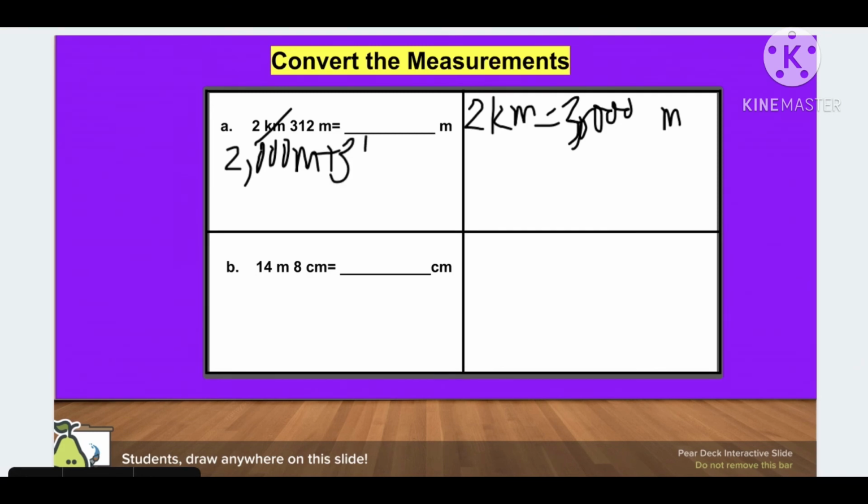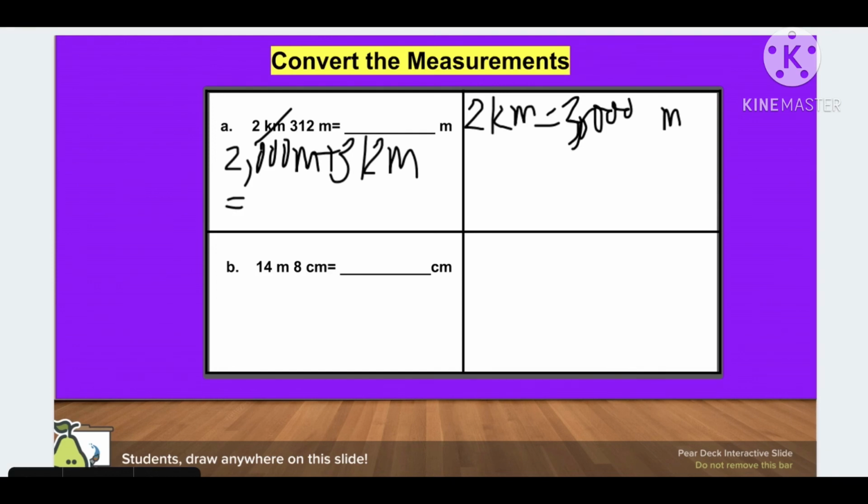The reason why I had to convert these is because it's like mixing apples and oranges. I can't add apples and oranges because they're not the same fruit. So the same applies when we're converting measurements. I cannot add 2 different measurements because they're not the same. I have to make them the same.